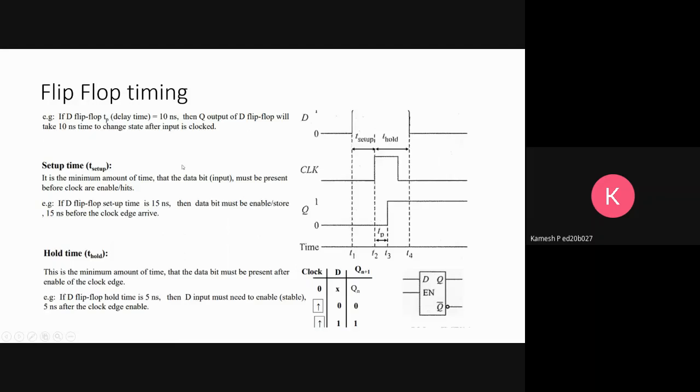Flip flop timing. Setup time, here you can see, is the minimum amount of time that the data bit input must be present before the clock enables, I mean, before the input is changed, the minimum time so that the input change is taken into consideration.